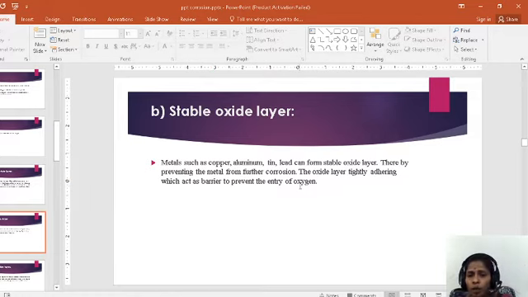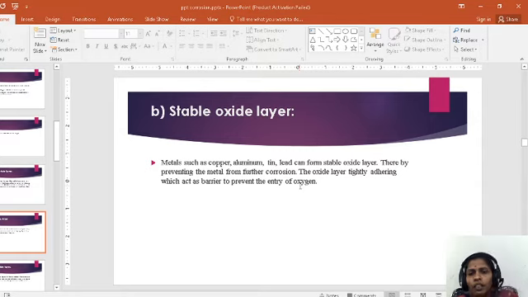See here, in the stable oxide layer, what happens? A layer is forming on the surface of the metal and this layer is strongly sticking on the surface of the metal. So there is no further corrosion on the metal because there is no free space to react with the unwanted impurities in the environment. There is no space to react with oxygen because the entire metal is covered with the oxide layer, that is, a stable oxide layer.